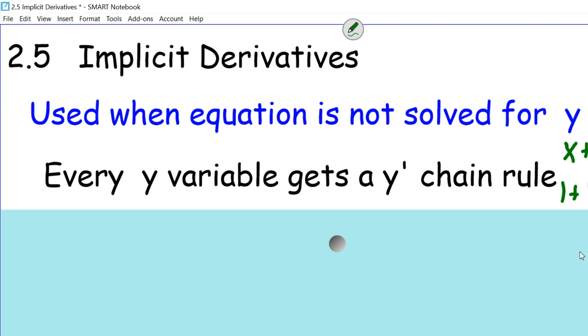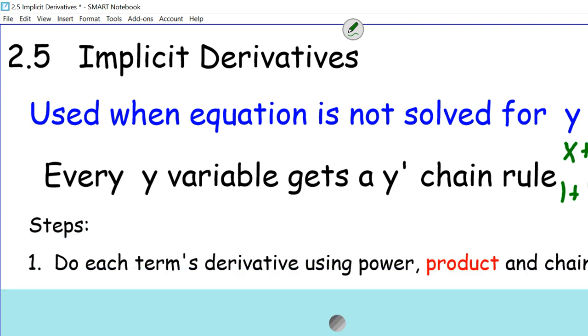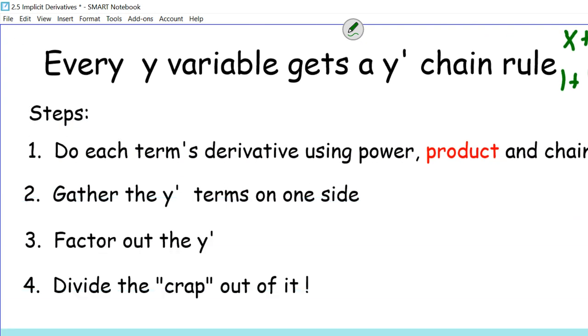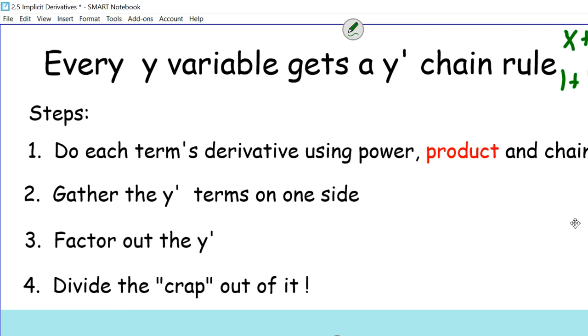Don't have to do it with x, because x is usually the variable that we're using throughout a function of y in terms of x. But that's why we have to attach a y prime. So these steps will be big ones to talk through, because we will do these in every example problem that we'll see today. The first step of implicit derivatives is that for each term, you just do your normal derivative of what you have.